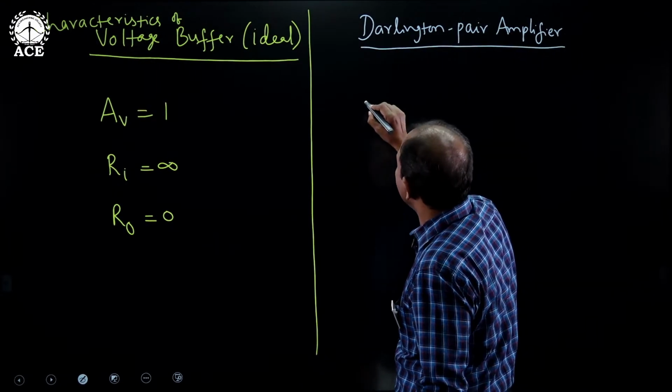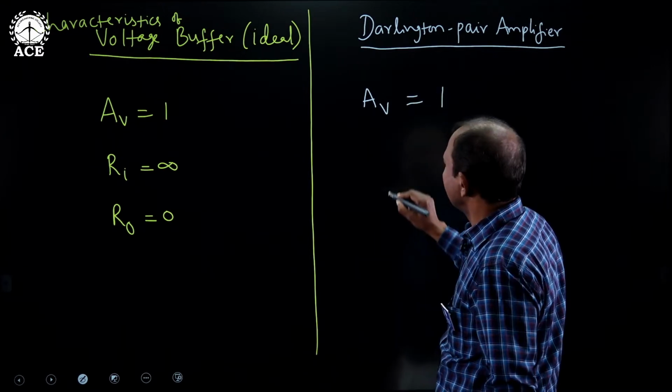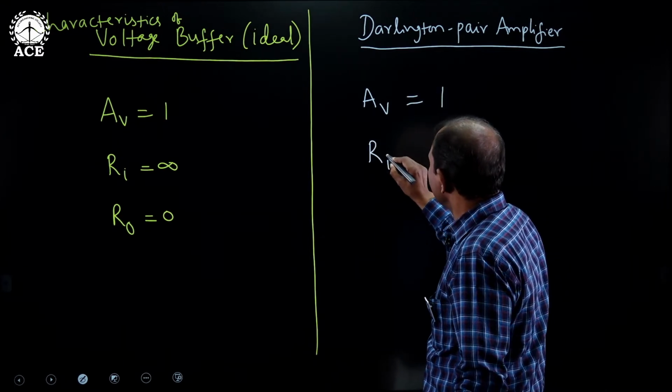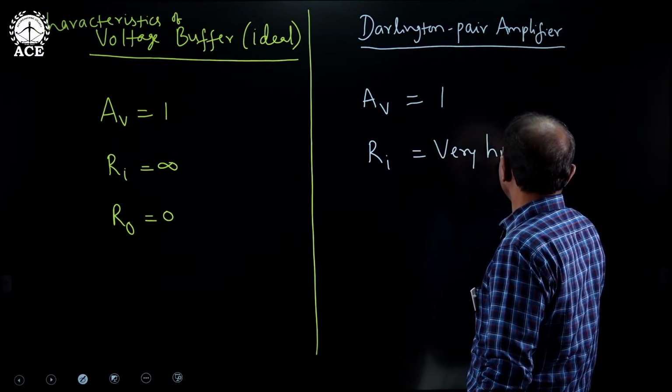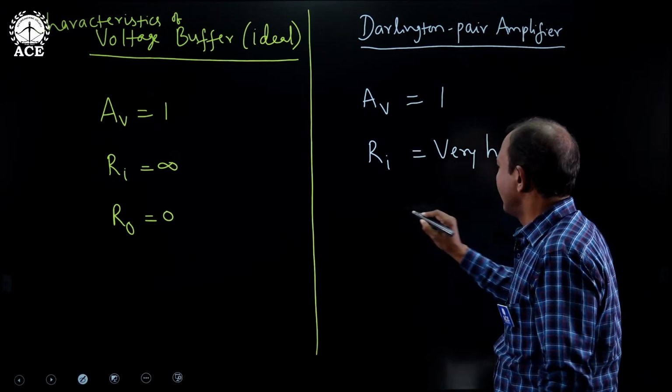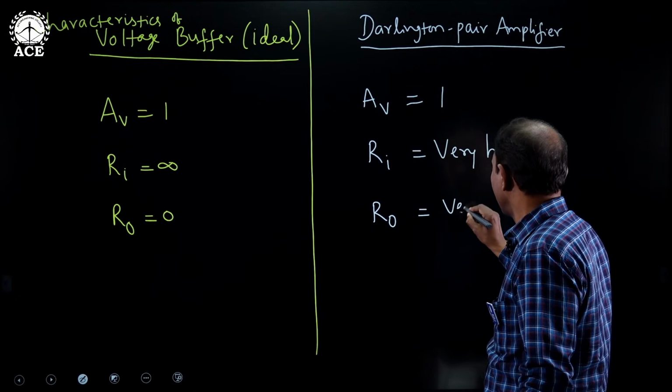The characteristics of the Darlington pair amplifier are AV approximately equal to 1, input resistance very high, and output resistance very low.